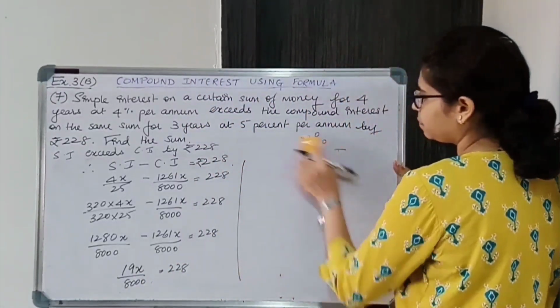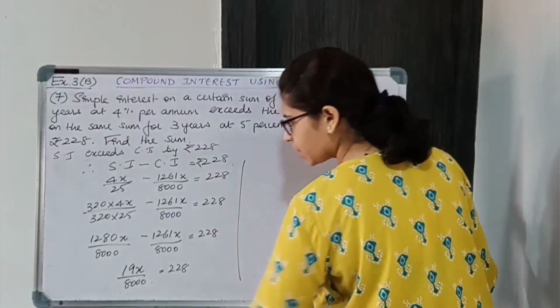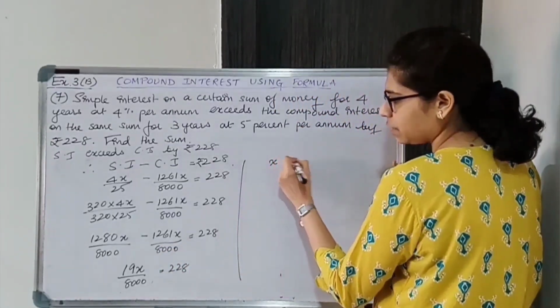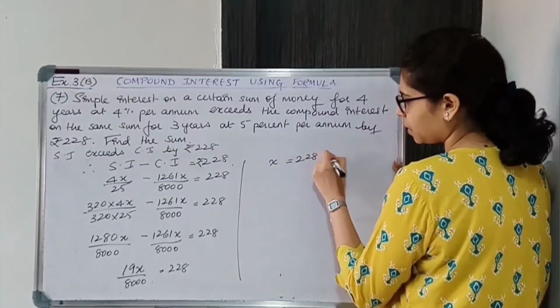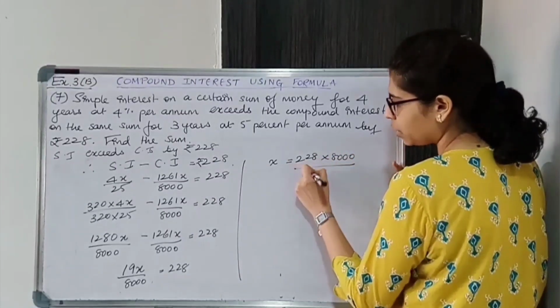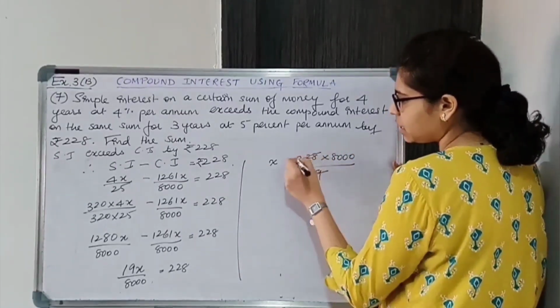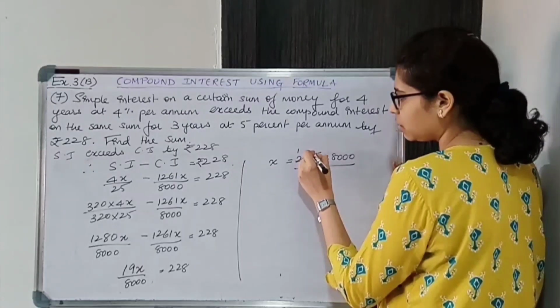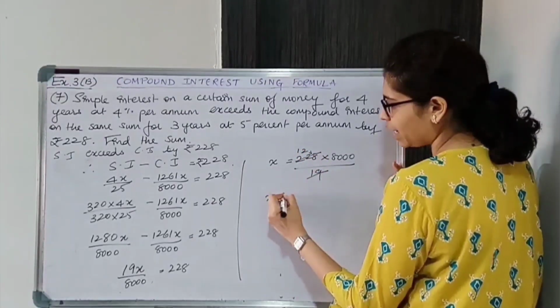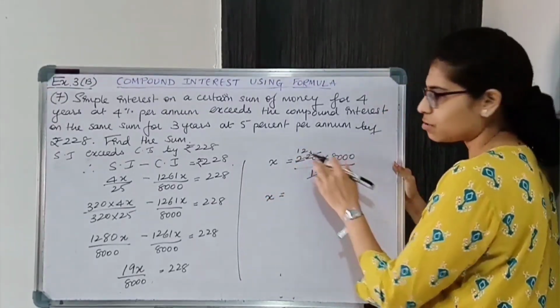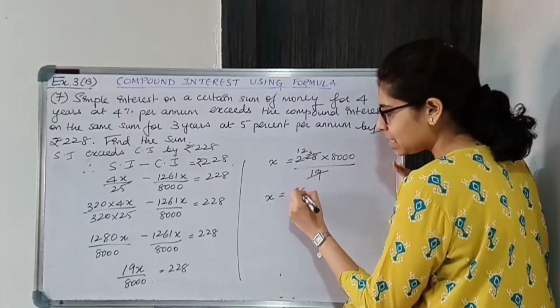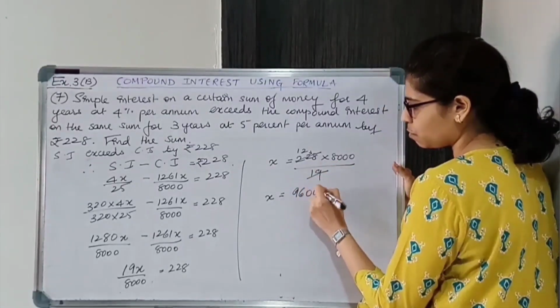So shifting the numbers on the other side, we get 228 into 8000 upon 19. 19 ones are 19, 3 remains, 19 twos are 38. So x is equal to 12 into 8000. 12 eights are 96 and zeros.